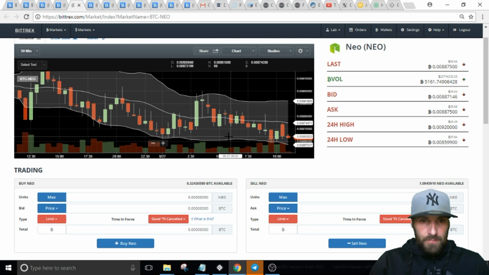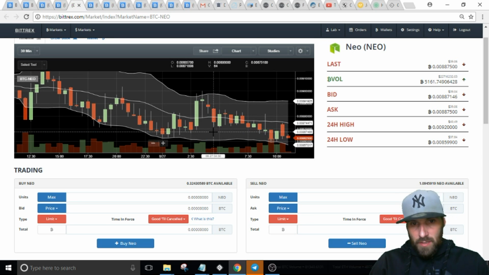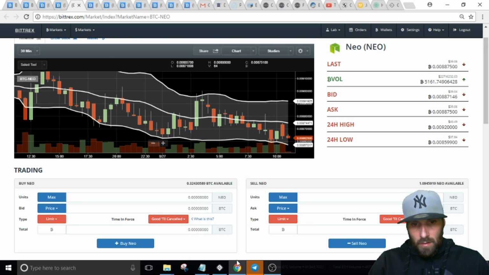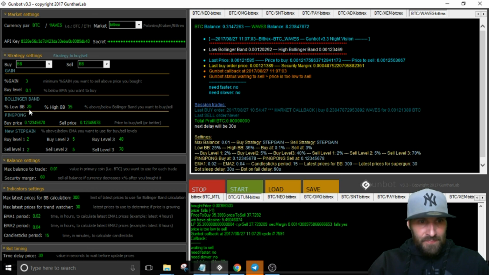So what you have is, go back to Gunbot. We have this at 25% low, 35% high. Now this is a little confusing for some people. If you read this carefully, you'll see percentage above and below Bollinger Band you want to buy and sell.